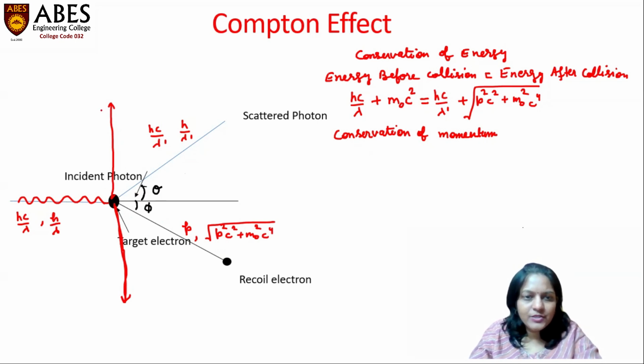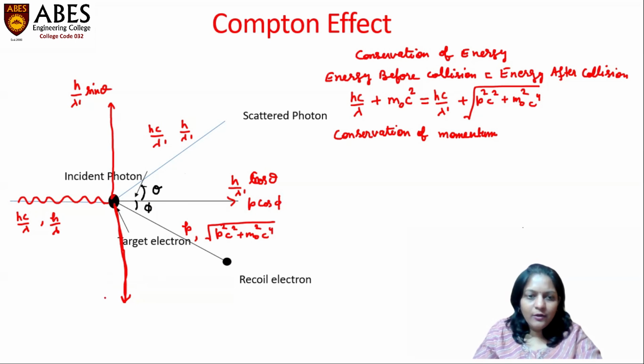In the y direction, it will be h by lambda dash sine theta, and along the x direction, this component becomes h by lambda dash cos theta. This is the electron, which has the momentum along the x-axis p cos phi, and along the y-axis the momentum is p sin phi.